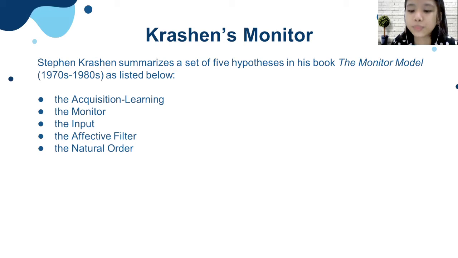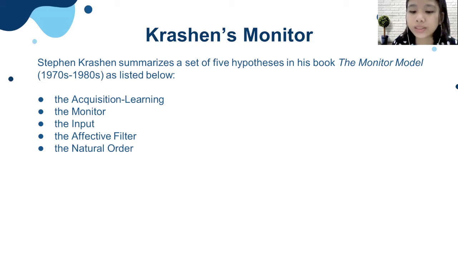The input hypothesis is Krashen's attempt to explain how the learner acquires a second language and how second language acquisition takes place. The input hypothesis is only concerned with acquisition, not learning.